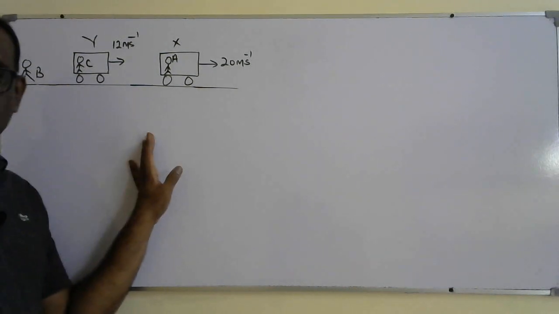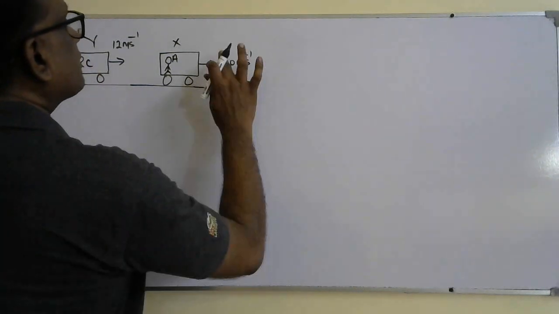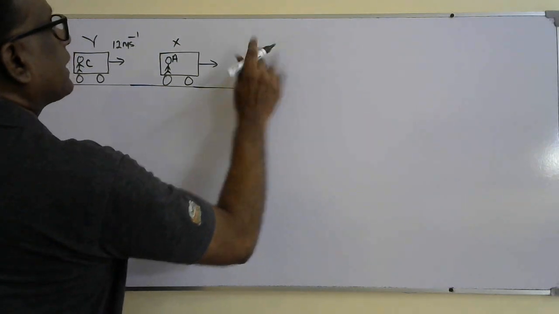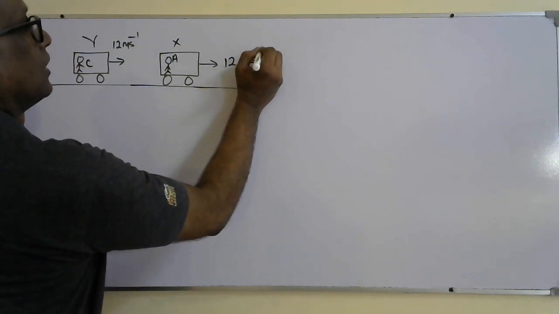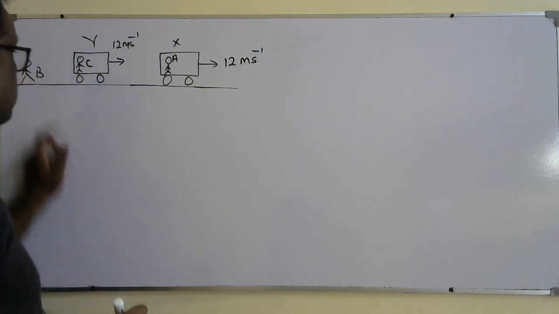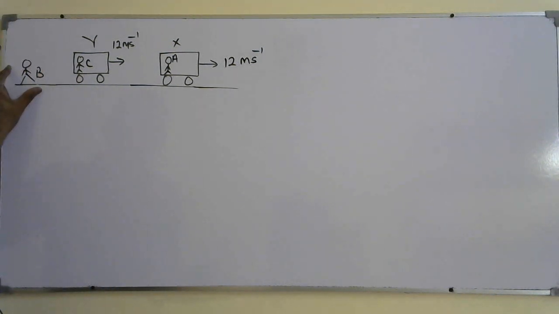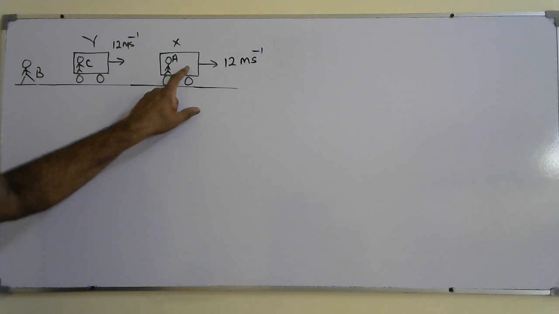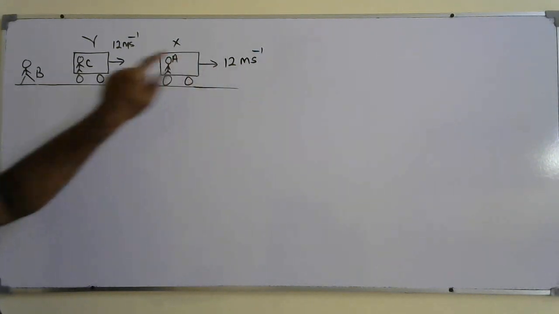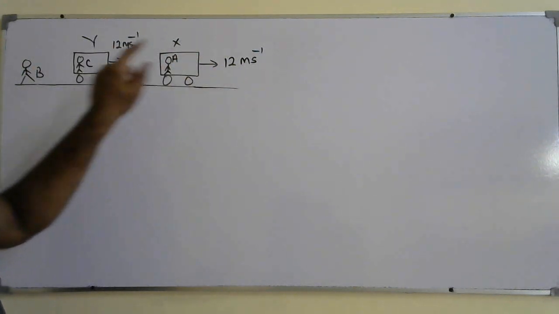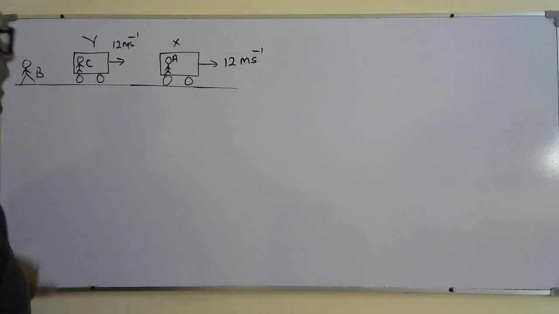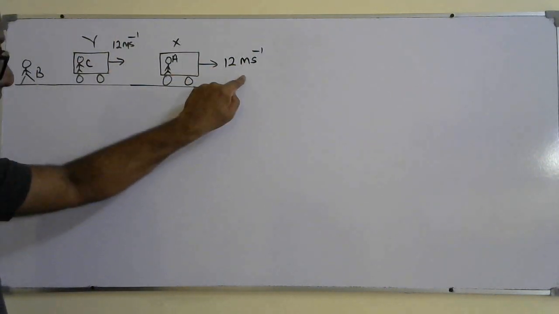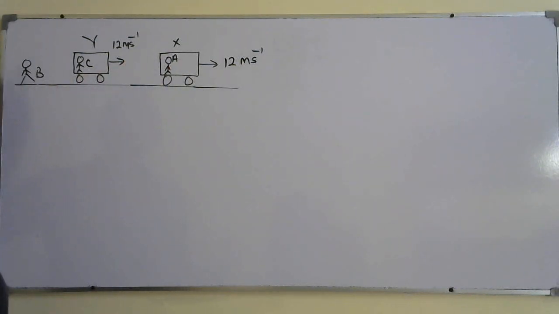So if A is also moving towards right at 12 meter per second relative to observer B, who is at rest on the ground, the same as person C in the same direction, X and Y are the two cars. X and Y both are moving at the same velocity, 12 meter per second on the frame of reference of B in the same direction.